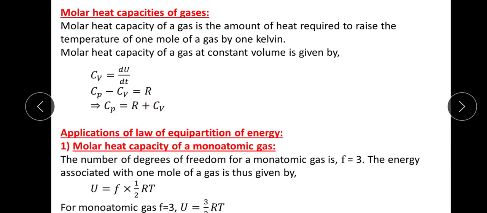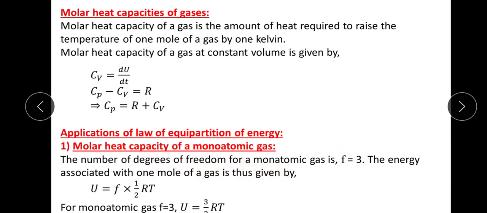Now, using the law of equipartition of energy, let us find out the molar heat capacity of a monoatomic gas first. Cv and Cp are the molar heat capacities of the gas at constant volume and pressure respectively. Now we need to find the same for the monoatomic gas. The number of degrees of freedom for a monoatomic gas is 3.